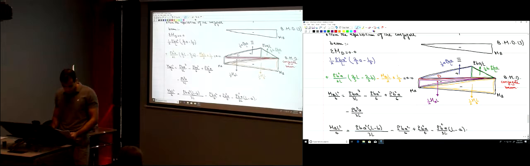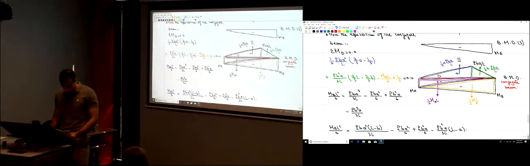Here we have p a cubed multiplied by b divided by 3L minus p a squared b divided by 6 plus p, those two terms here that came from here, this one, p b squared a divided by, yes, this is not 6.